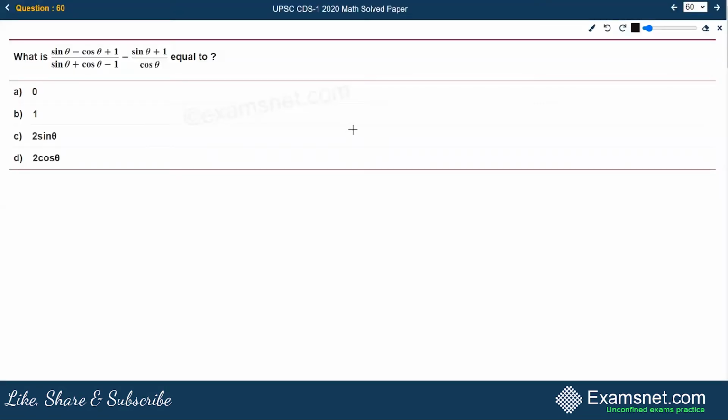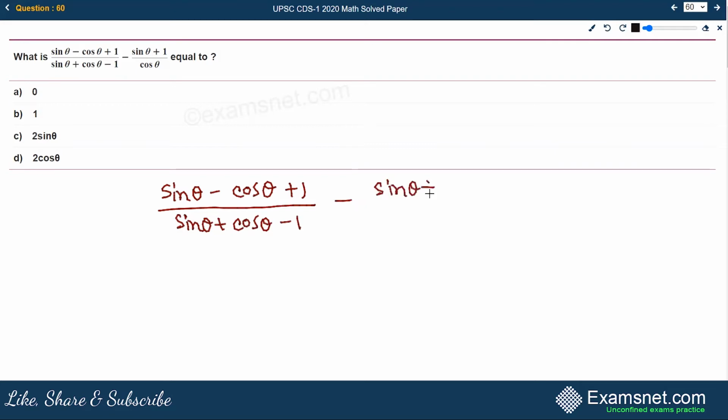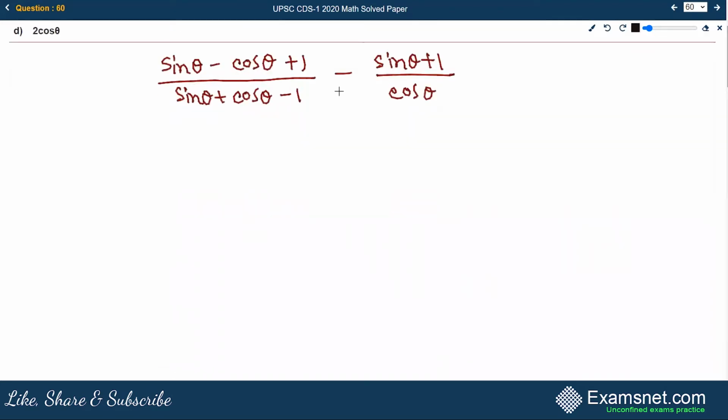In question number 60, we are given, what is the value of this expression. Let me first write the given expression. Sin theta minus cos theta plus 1 by sin theta plus cos theta minus 1, minus of sin theta plus 1 by cos theta. So here let's do the LCM.